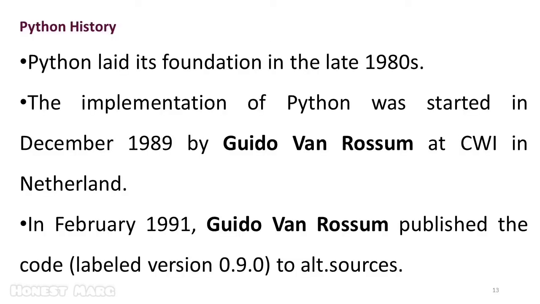Python history. Python laid its foundation in the late 1980s. The implementation of Python was started in December 1989 by Guido van Rossum at CWI in the Netherlands. In February 1991, Guido van Rossum published the code, labeled version 0.9.0.